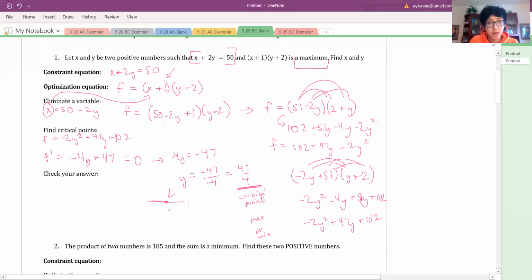So ultimately, we have a critical point, but the question now is whether it's a maximum or minimum. So what we're going to do is set up that number line, right, to find out.